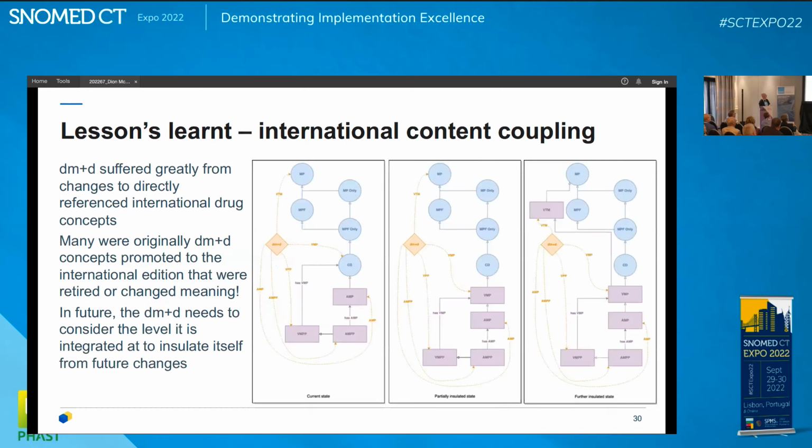So this slide is really just talking about, again, from the left-hand side to the right-hand side, options for how dependent on the international content dm+d or the drug extension in the UK wants to be. The purple things at the bottom are indicating that they could just define just the trade side concepts and directly reference international concepts for those high levels, VMP and VTM, that dm+d refers to.